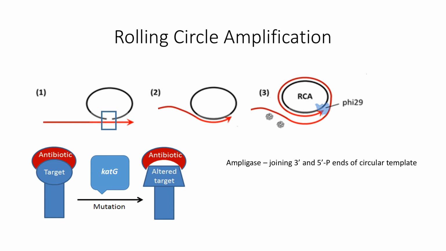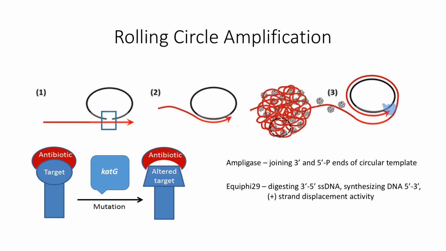But here comes the secret, or the advantage, of phi29 polymerase: having a strong strand displacement activity. It displaces the previously synthesized copy, thus creating a concatemer of repeating units of DNA as a single product. So this clump of DNA contains a unit of repeating sequence complementary to the probe.